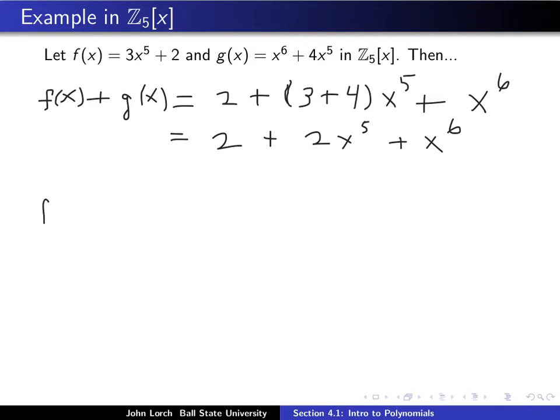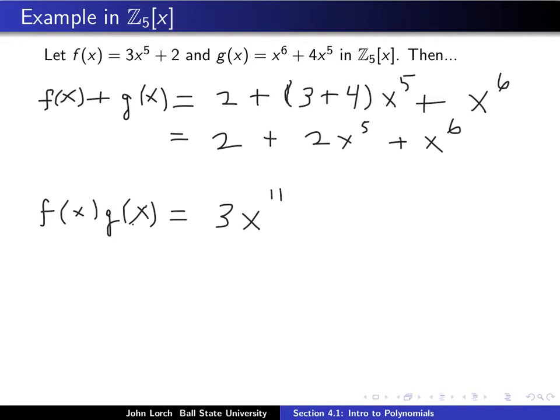Now, multiplying them together, we do this just as we would ordinarily, but we have to remember that we're working over Z5 and not over some other ring. So I multiply these two together, and the first thing that I might do is take 3x to the 5th times x to the 6th. That would give me 3x to the 11th.